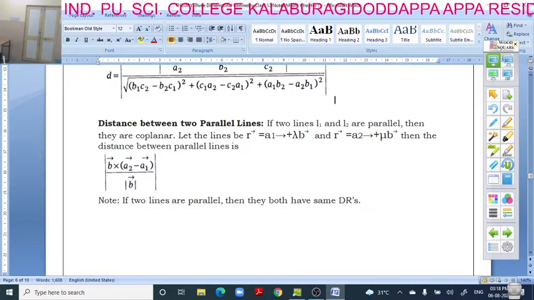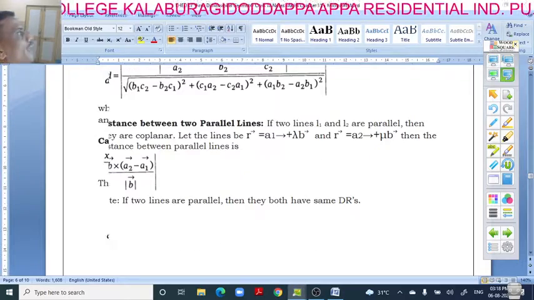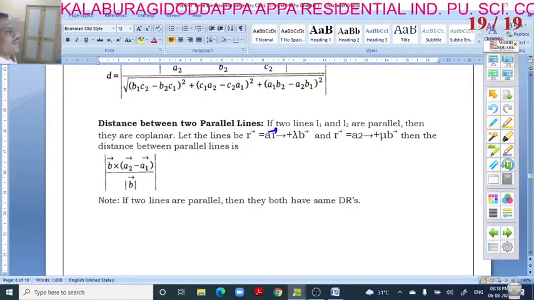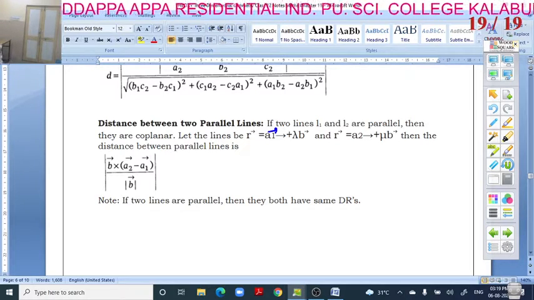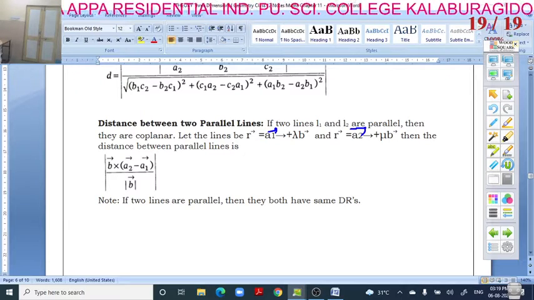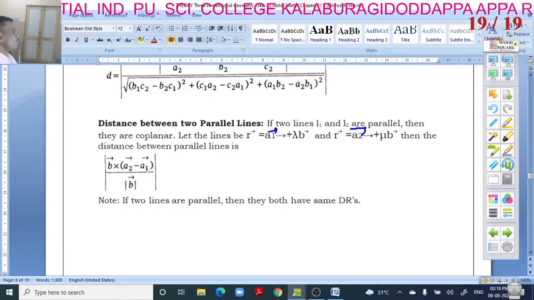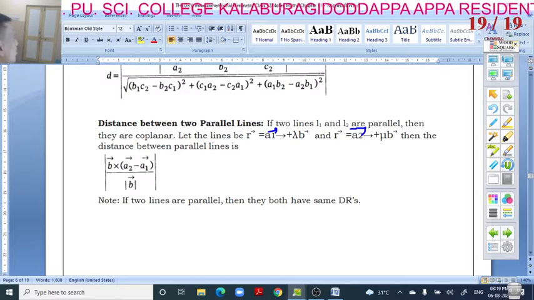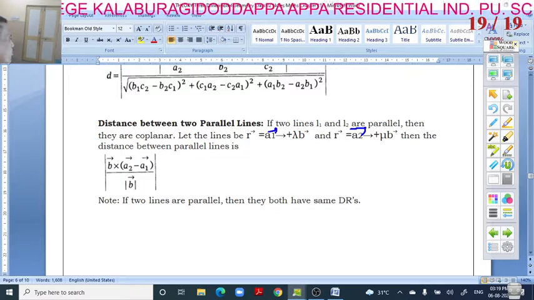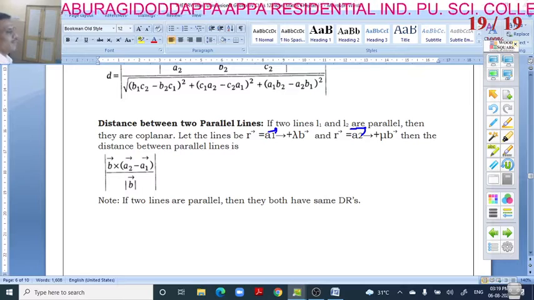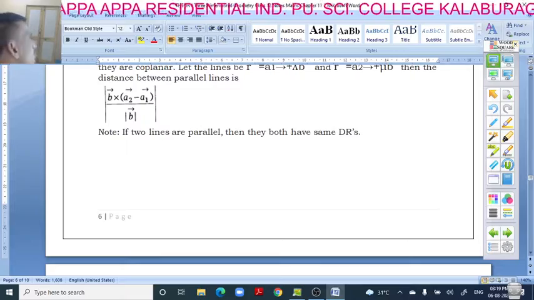Then the lines are vector R is equal to vector A1 plus lambda vector B, and vector R is equal to vector A2 plus mu B. Then the distance between parallel lines formula is given by the modulus of the cross product of vector B and vector A2 minus A1, divided by the magnitude of vector B. If two lines are parallel, then both have the same direction ratios.